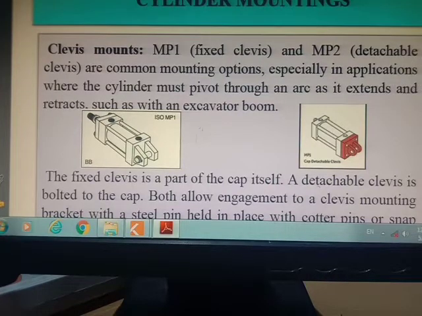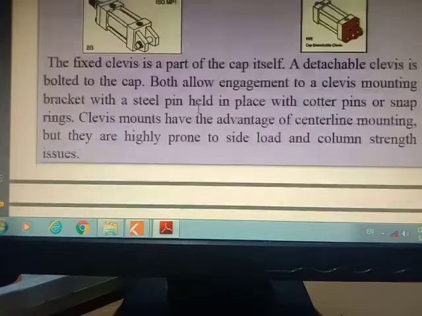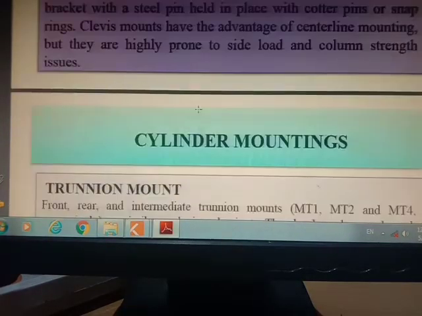When you insert the rod from this end, the cylinder can be pivoted at any angular position, right? Therefore, when you want to mount the cylinder at some angular position, or you want to pivot the cylinder, this Clevis mounting is provided, right? So this is known as the Clevis mounting.